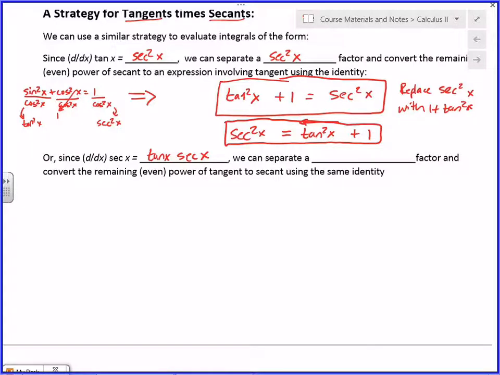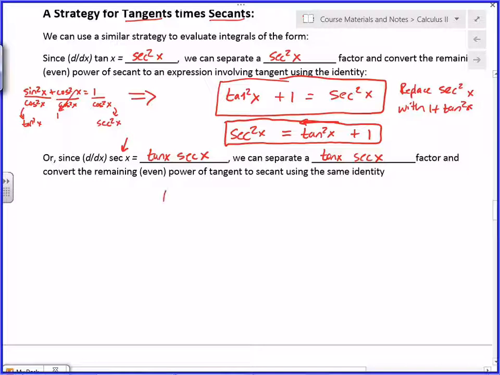I would differentiate it by quotient rule. So we can separate a tangent of x, secant of x factor, and if what's left we can write in terms of secants, we're good. So this identity lets me turn secants into tangents.